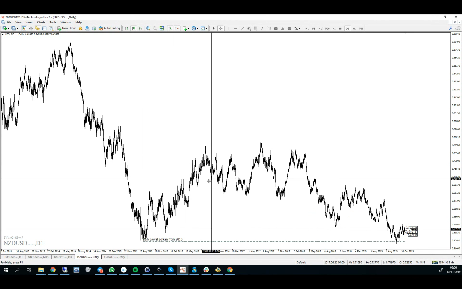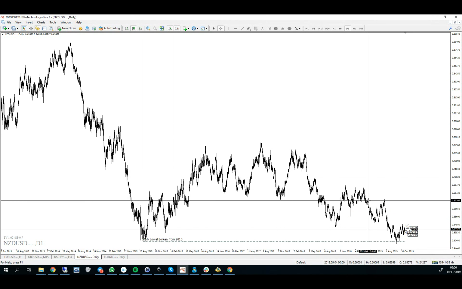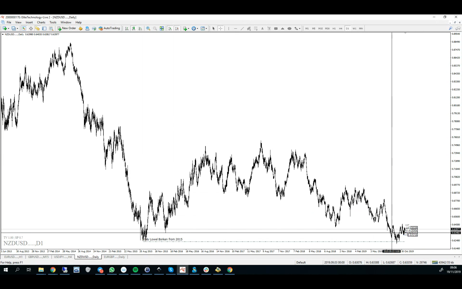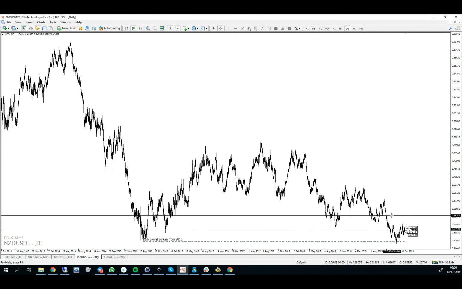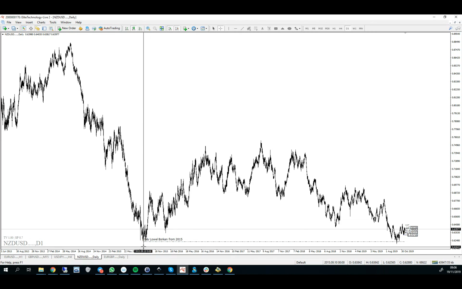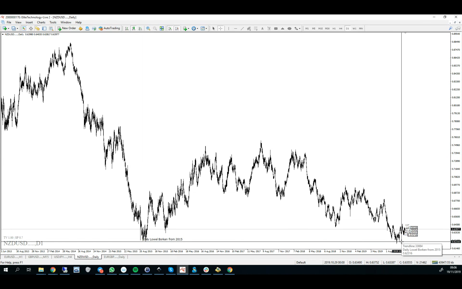Since then, we are somewhat ranging. And in the past months, since this August, we are consolidating around the very lows that were established in 2015. We even hit lower than 2015 and retested it once more.